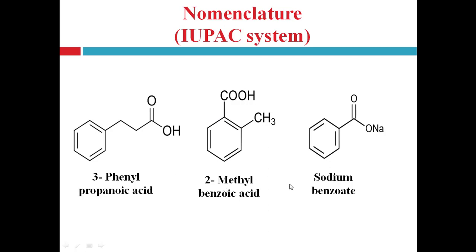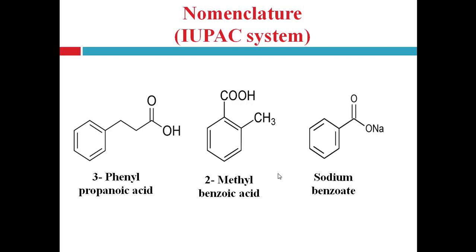Here 2-methyl benzoic acid, or you can say ortho-methyl benzoic acid. Here again benzoic acid is considered as the basic structure, right? In the IUPAC name system, you can write benzoic acid as the basic structure while you are giving the IUPAC name also, right?